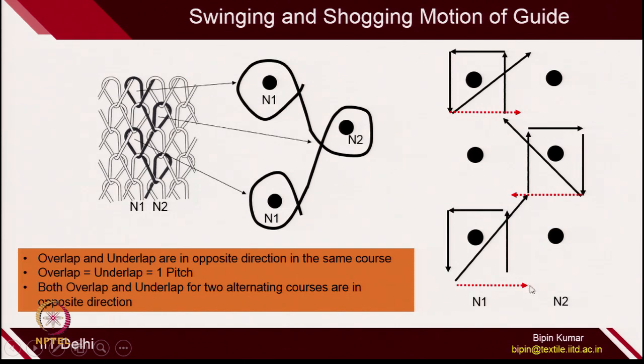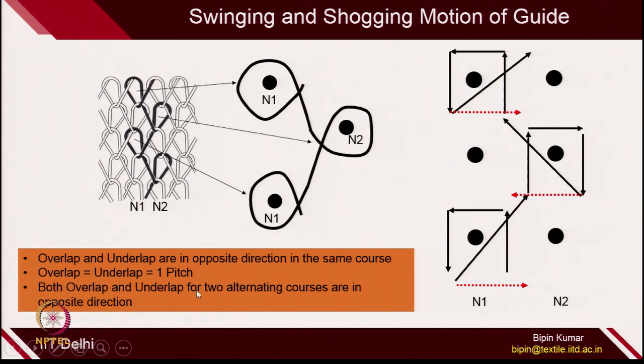Okay. So, overlap on the front side, underlap on the back side. Overlap and underlap are both one pitch because it is just moving one needle distance, but the directions are opposite. Also the positions are opposite. So, overlap on the front side of the needle, underlap on the back side of the needle.